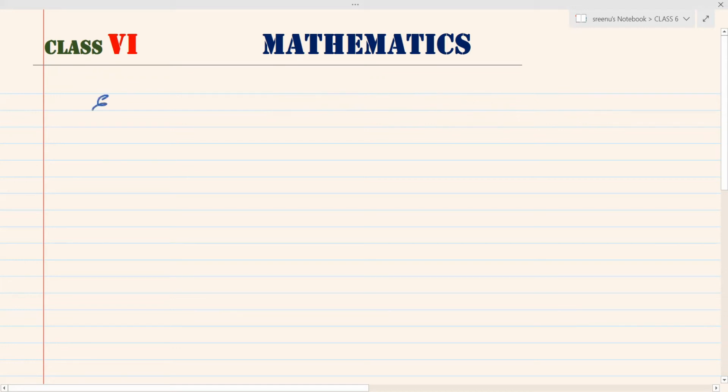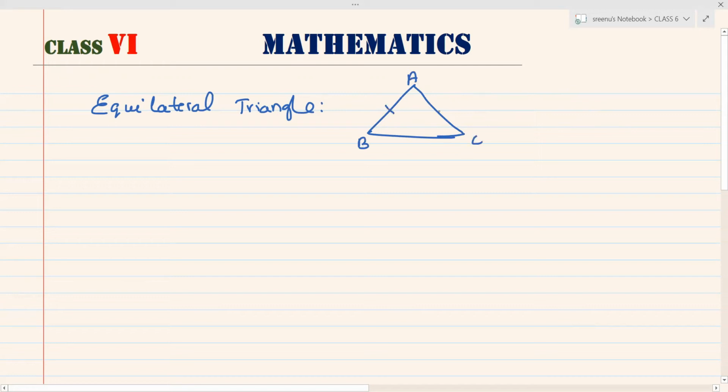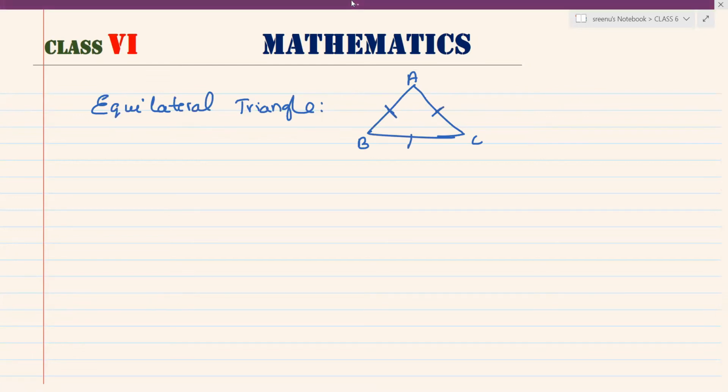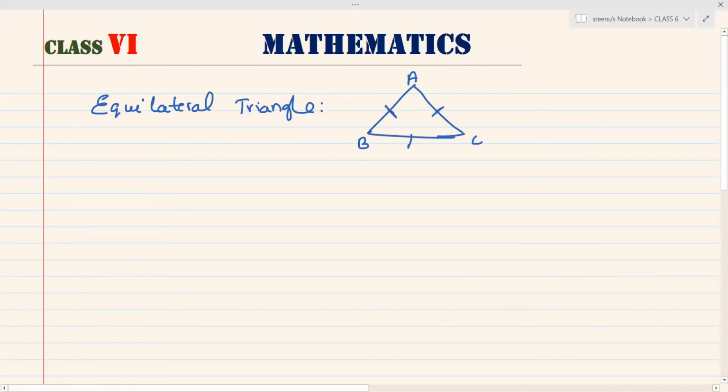Equilateral triangle. A triangle in which all the three sides are equal in length. Let me name the vertices A, B, C. Here I'm marking with red color a single line as the indication of equality.